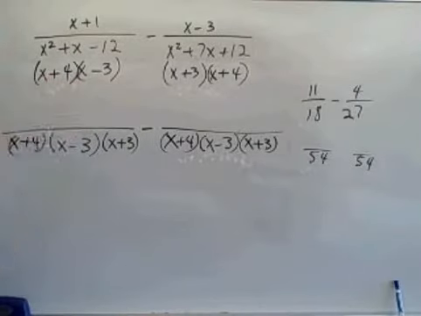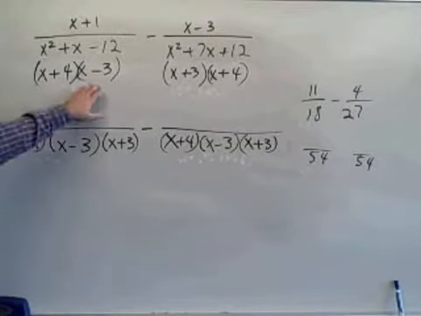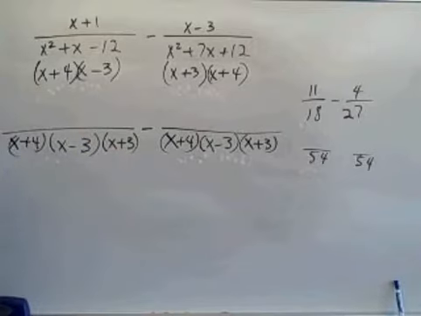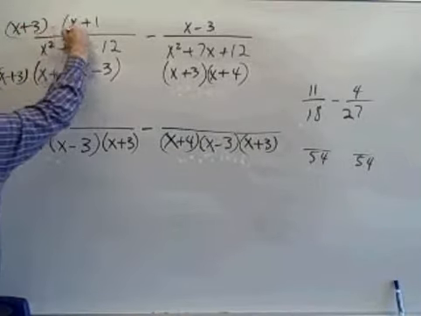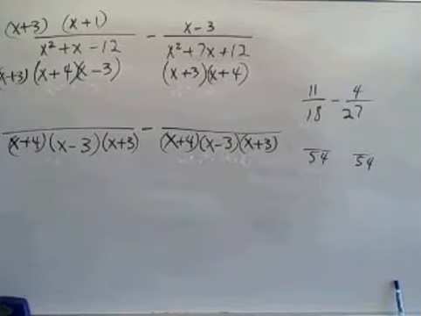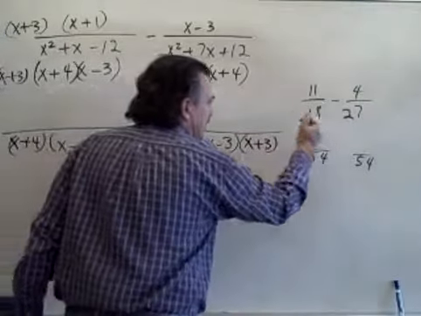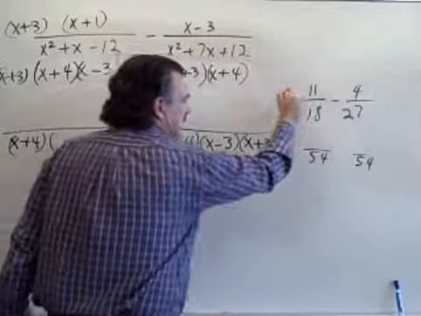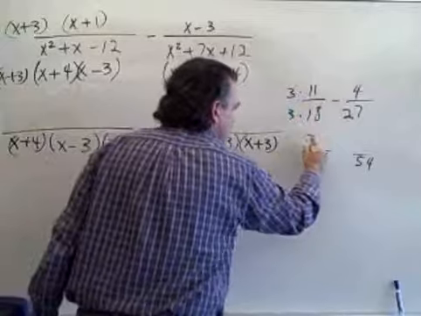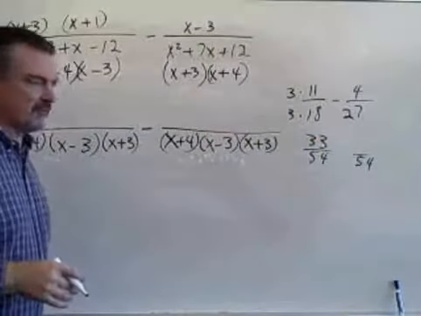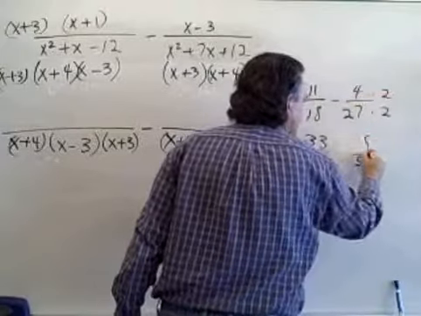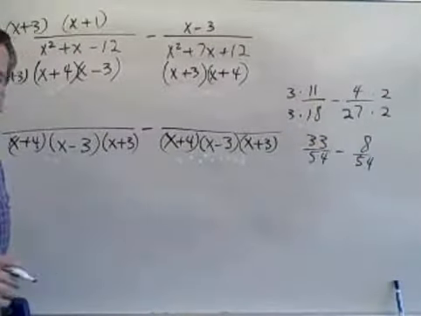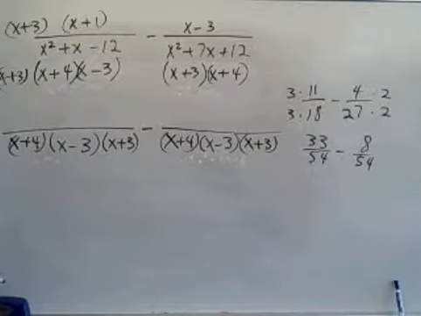So now I have to build those denominators up. This denominator is missing the factor of x plus 3. So I would have to multiply it by x plus 3, which means I'd have to multiply the numerator by x plus 3. Just like over here, 3 times 18 makes 54, so I'd have to multiply 3 times the numerator of that fraction. 2 times 27 makes 54, so I'd have to multiply that fraction by 2 over 2.